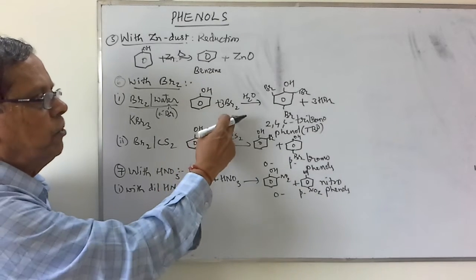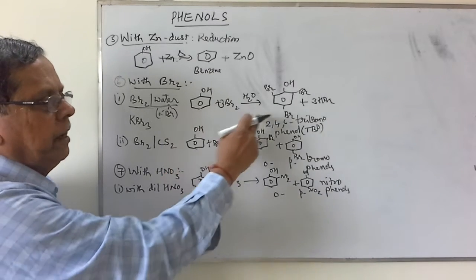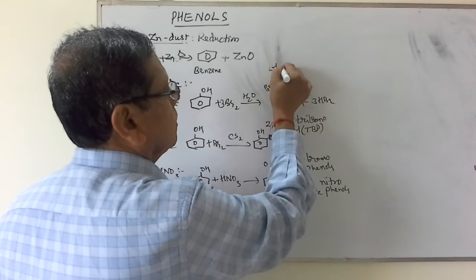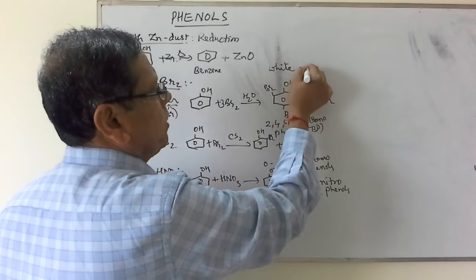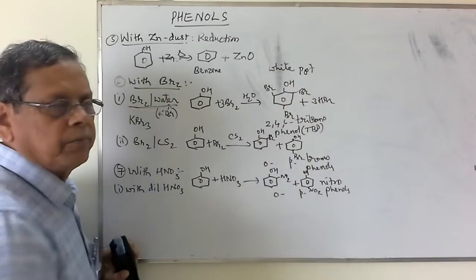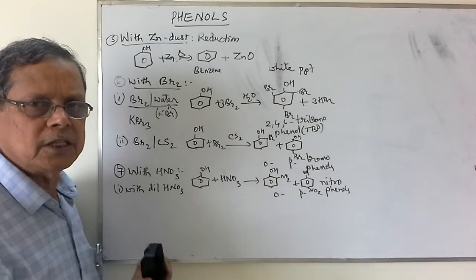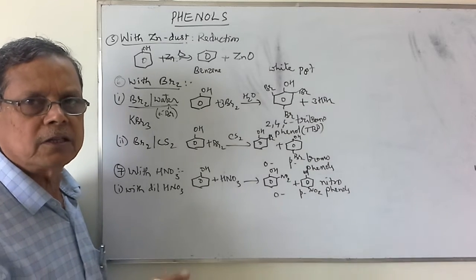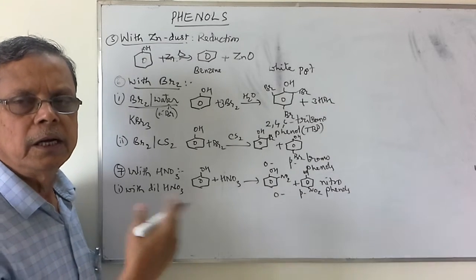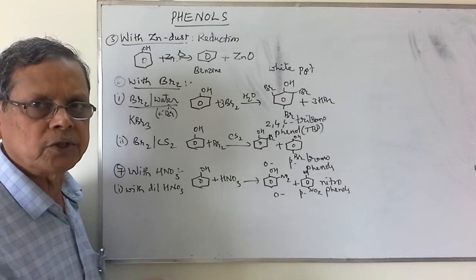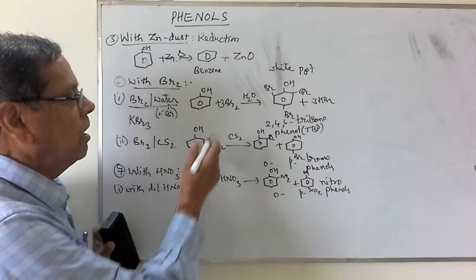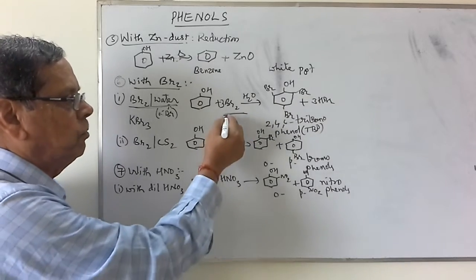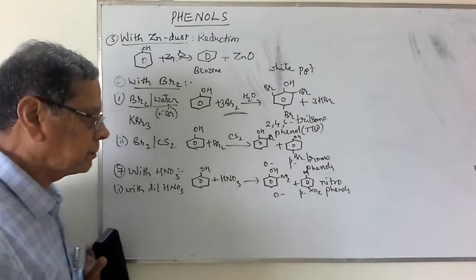As soon as you add bromine water to phenol, a white precipitate of 2,4,6-tribromophenol is produced. So this can be used in the laboratory to test for phenol also. When phenol solution is treated with bromine water, it gives a white precipitate of 2,4,6-tribromophenol. Along with that, the pink, brown or orange color of bromine disappears.